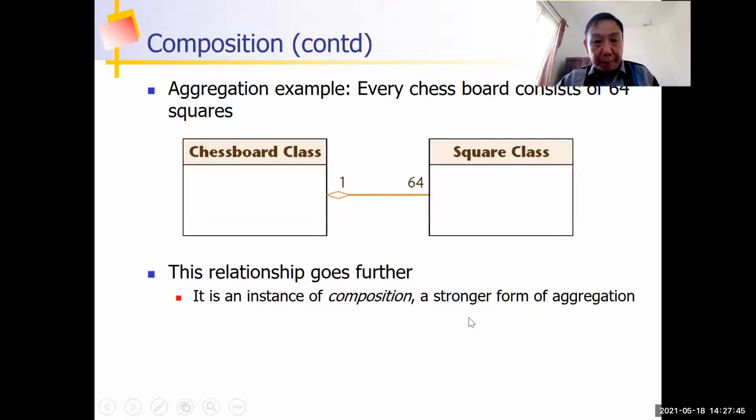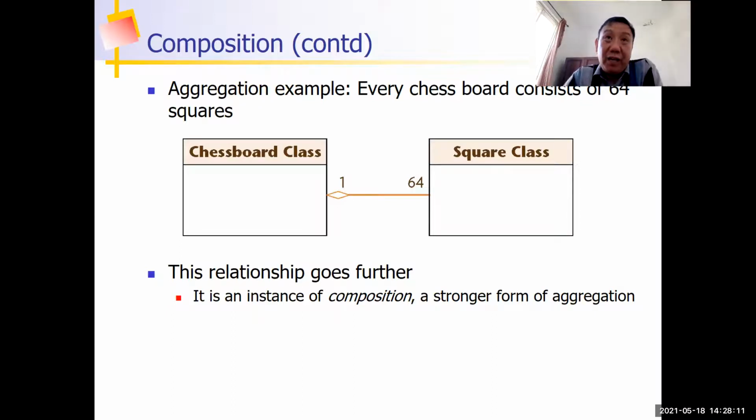So this is an example, a chessboard and square class. Every chessboard consists of 64 squares. So what happens if the chessboard class is destroyed? Then all the squares are also destroyed, right?